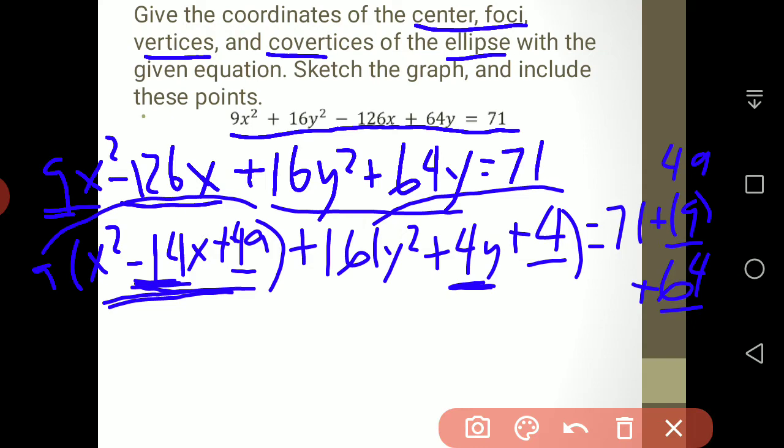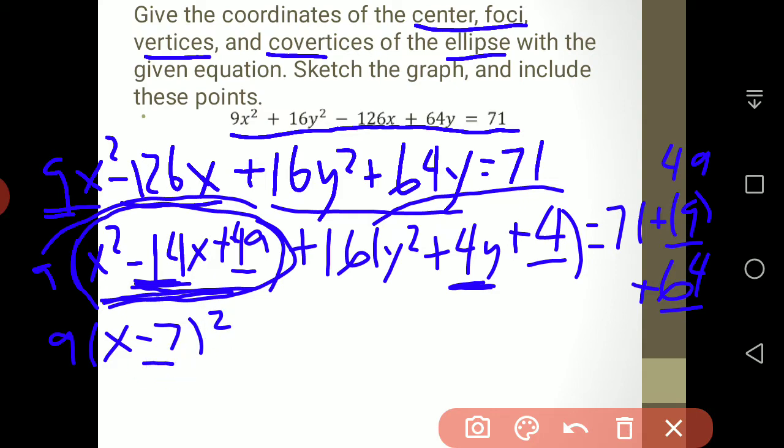Next, we're going to change this as the square of a binomial. Again, 9 times x minus 7 squared.